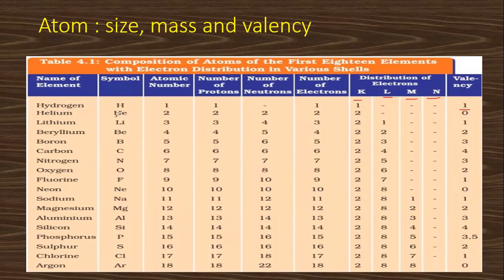For helium, the atomic number is 2. Number of protons is 2. Number of neutrons is 2. Number of electrons is also 2. So the distribution of electrons is 2. Valency is nothing, because the first shell is completed. It's a noble gas, a stable gas.